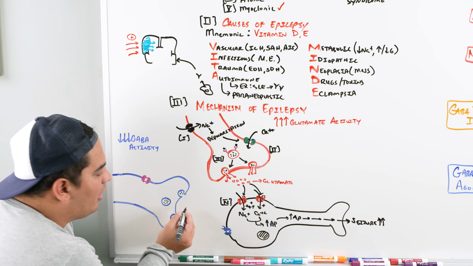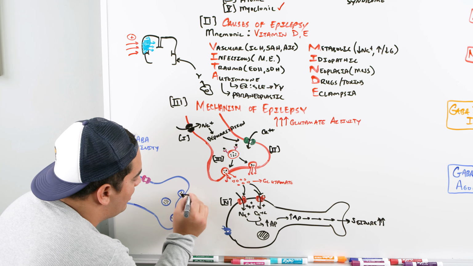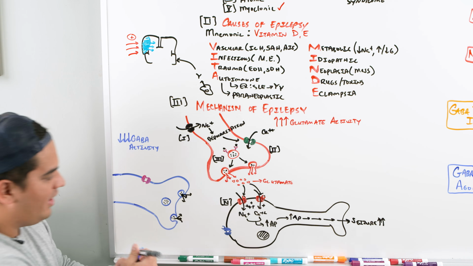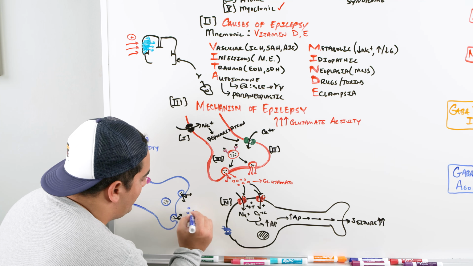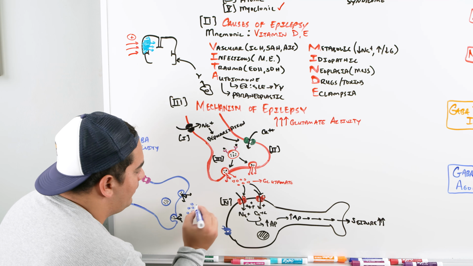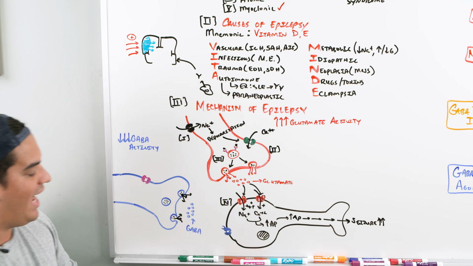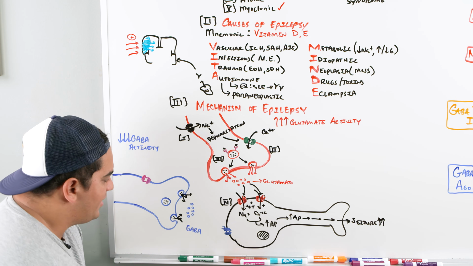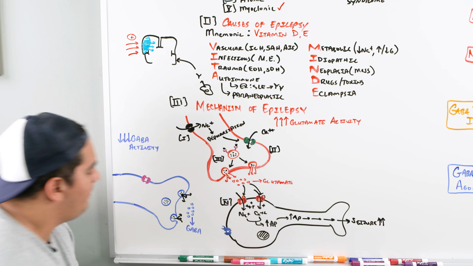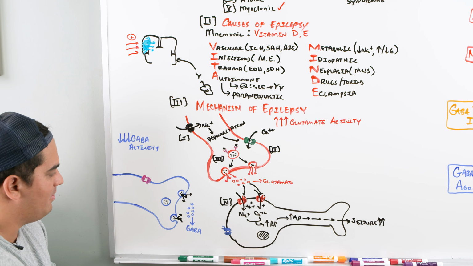Here's a GABAergic neuron, meaning that this neuron releases particular chemicals, all these blue dots here. You know what these blue dots are called? Shocker, right? It's called GABA, gamma-aminobutyric acid. Now, this gamma-aminobutyric acid is very special in the sense that in order for it to get released, there usually is an action potential that comes down the axon, right?